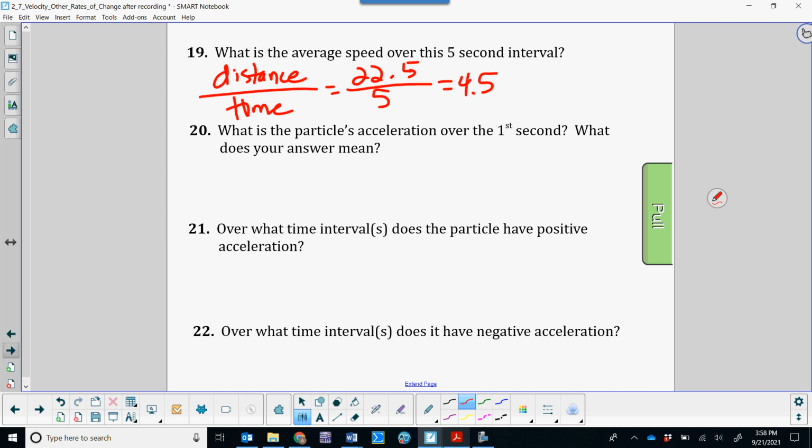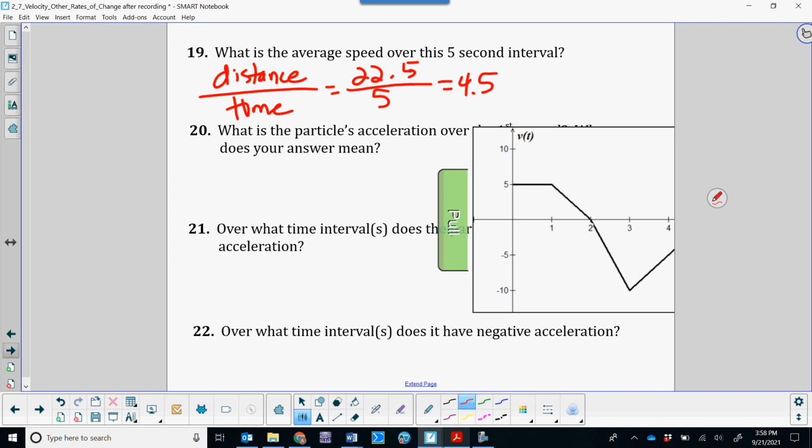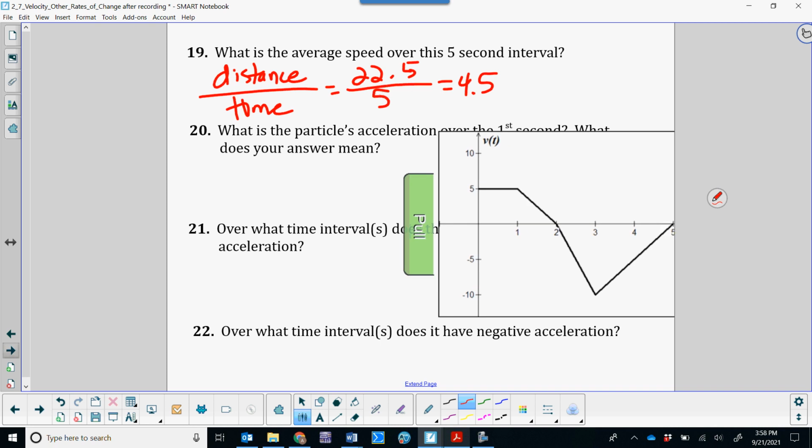And then the question for 20 is, what was the particle's acceleration in the first second? Remember that acceleration equals the derivative of the velocity. The derivative is the slope of the tangent line.